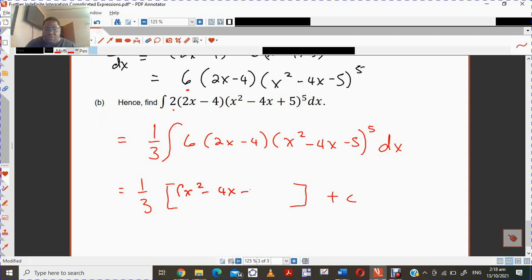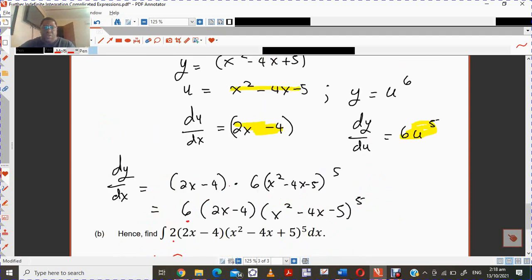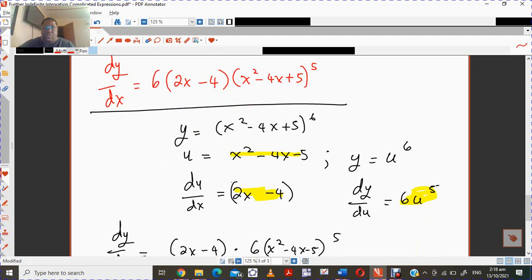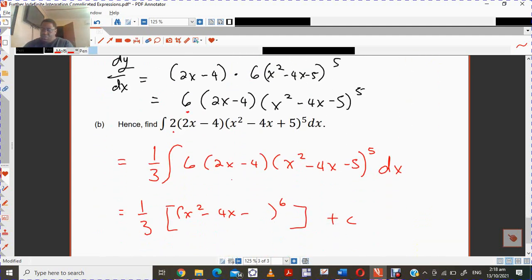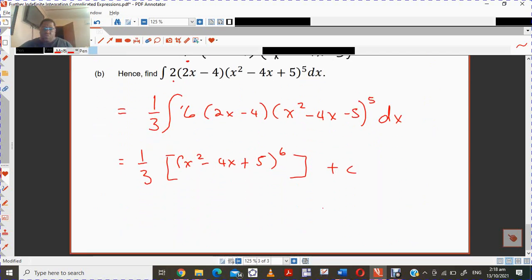Let's just make sure: x squared minus 4x plus 5. All right, so the work there is practically done. I can just remove my square brackets. So it's going to be a third times x squared minus 4x plus 5, my function, raised to the power 6, plus c.